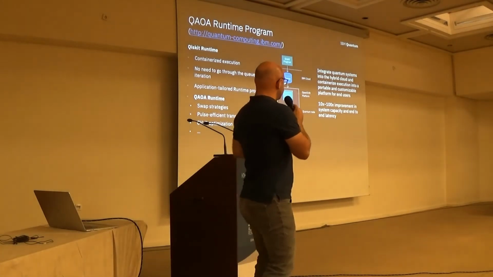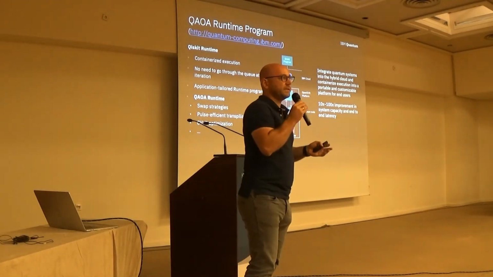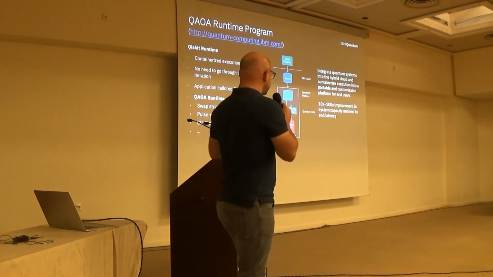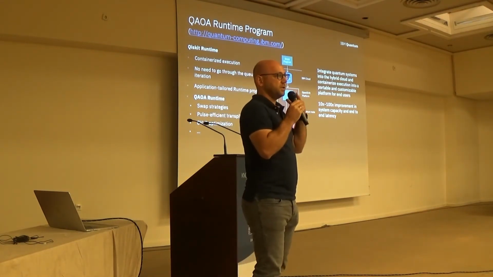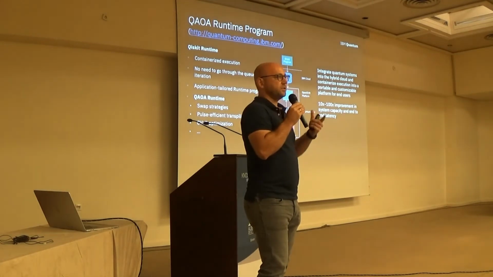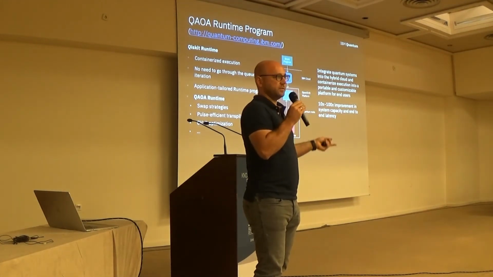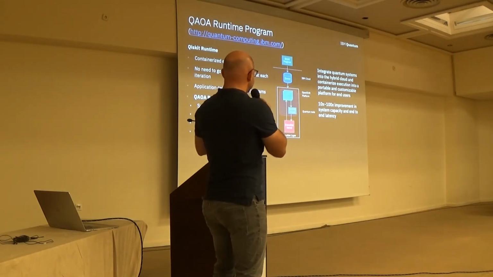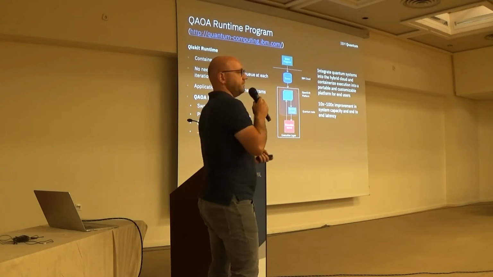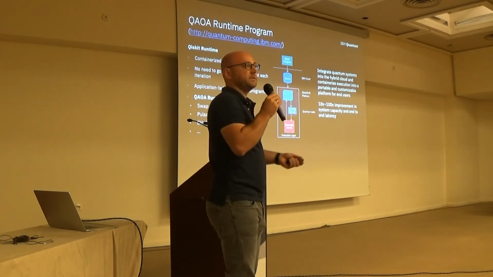Now, we built a QAOA runtime program. The Qiskit runtime has been mentioned before, which essentially does a lot of circuit optimization, native gate decomposition, so that the gate is decomposed into pulses, some error mitigation, and so on. And you can apply this via the API, and you don't have to do all these optimization steps yourself.